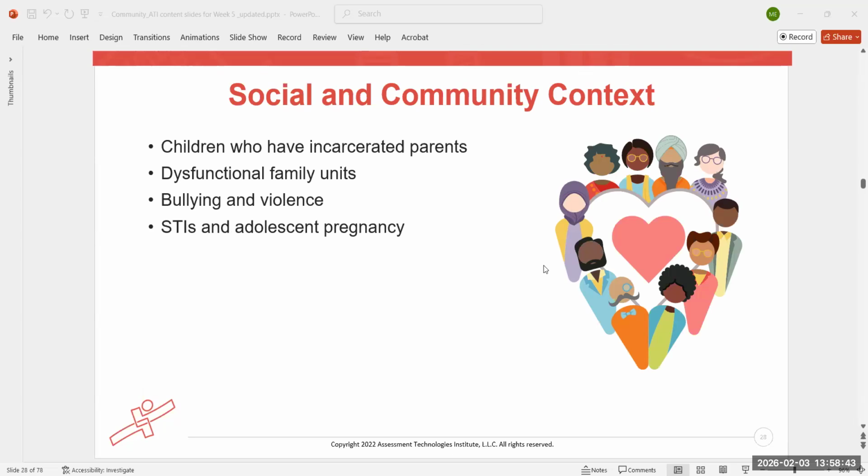Next piece is going to be our social and our community context. And this is going to look at the impact of cultural competency. With nursing, this skill of cultural competence is going to develop over time.